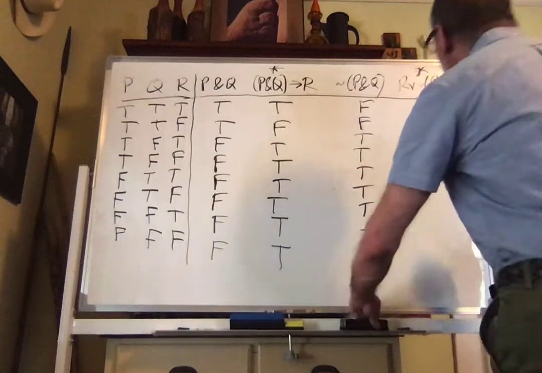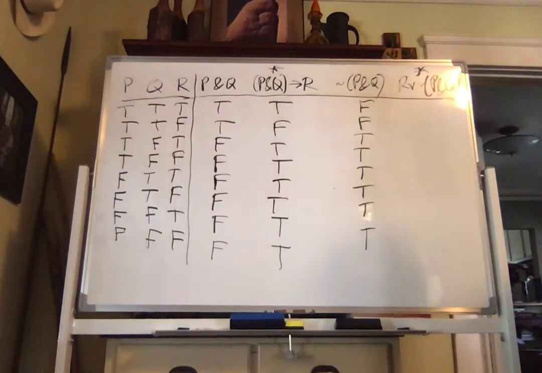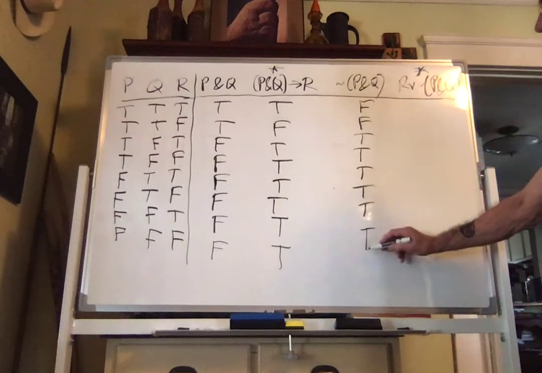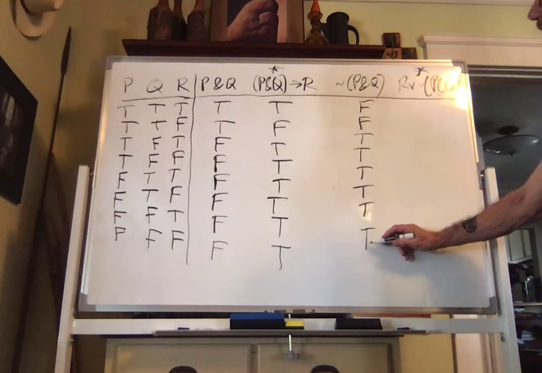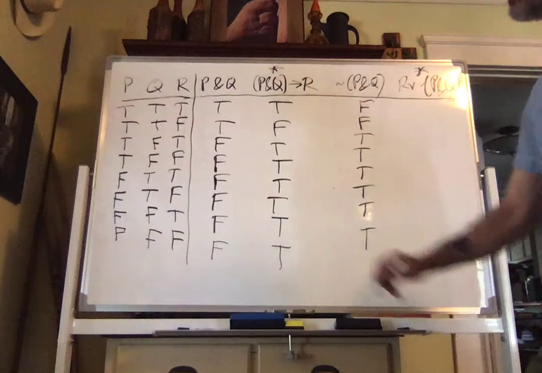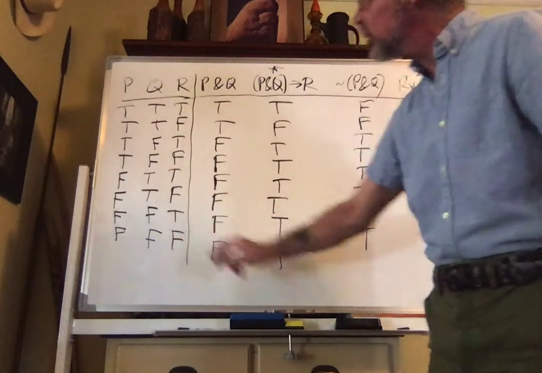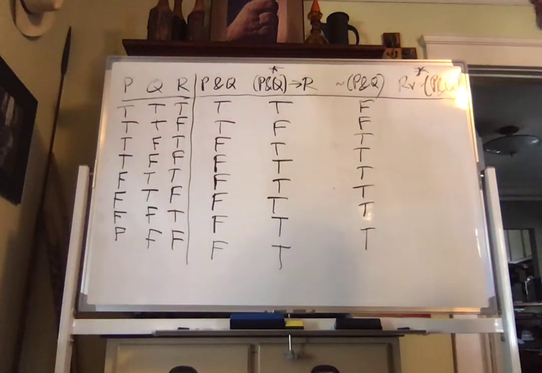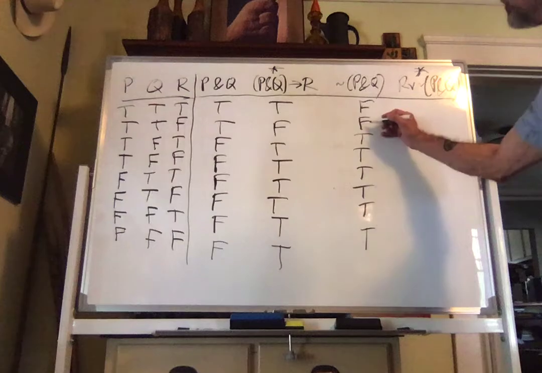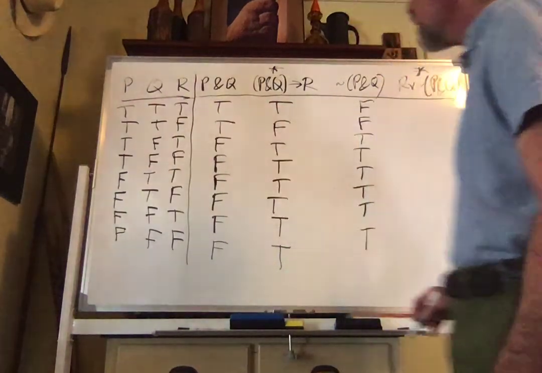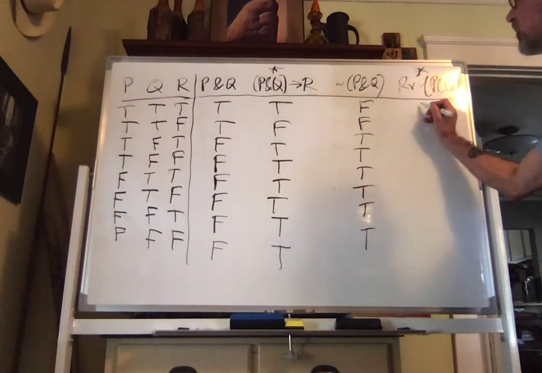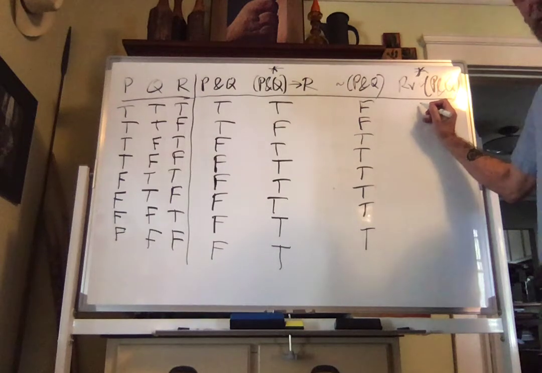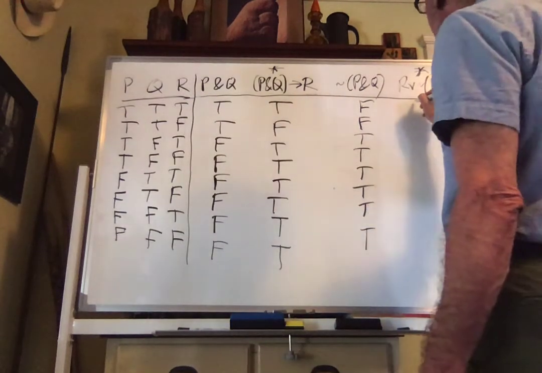And finally now, moving to this disjunction, one disjunct's truth values are here under the negation of P ampersand Q. The other disjunct's truth values are here under R. The only combination that makes a disjunction false is when both disjuncts are false. And let's see, we've got that on the second row and no place else. So this is going to be false on the second row and true every place else.